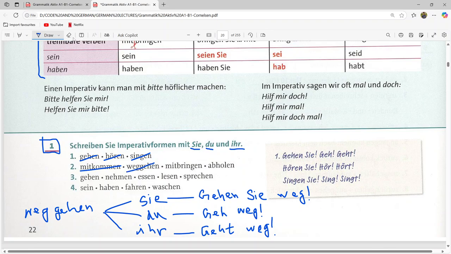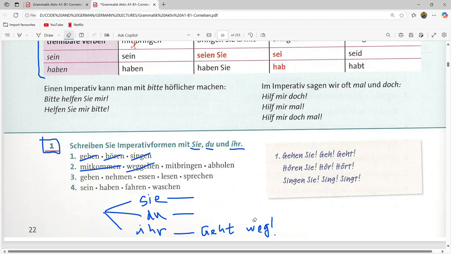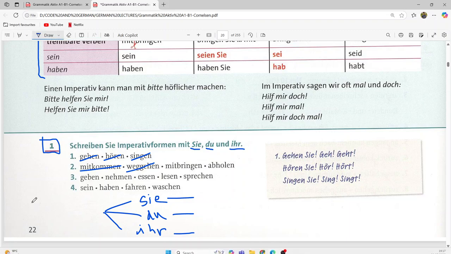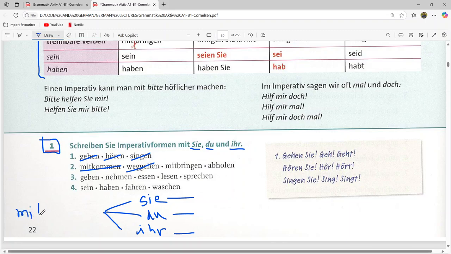Next one, mitbringen. It is also a trennbares verb.